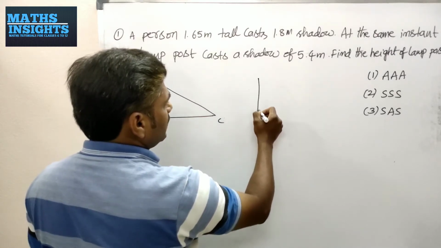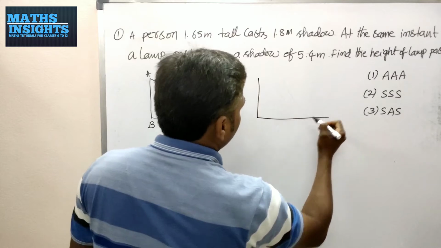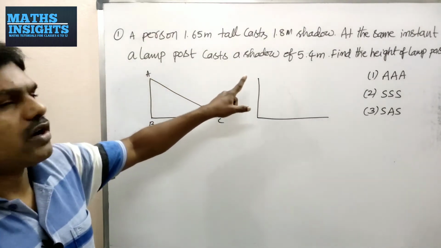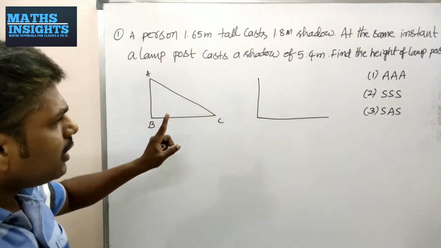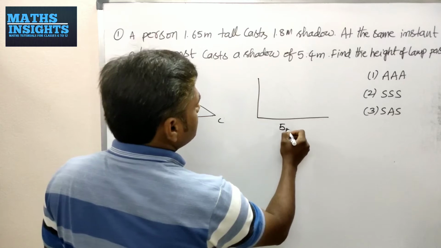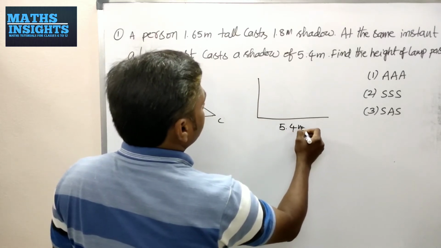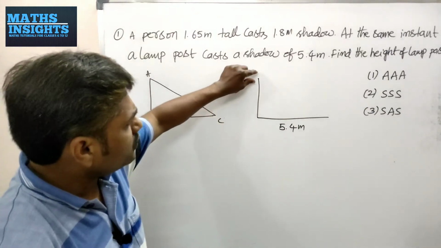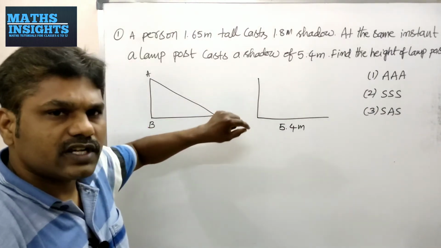It is casting a shadow of length, see, this is 5.4 meters. Then find the height of the lamp post. We have to find the height of this lamp post.